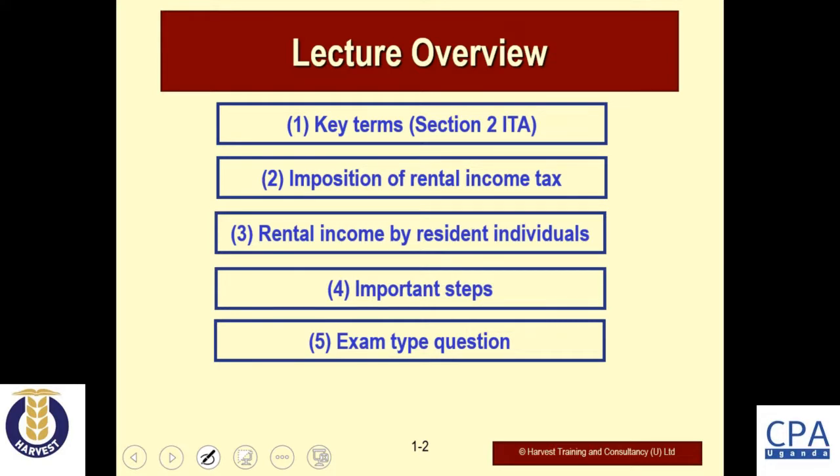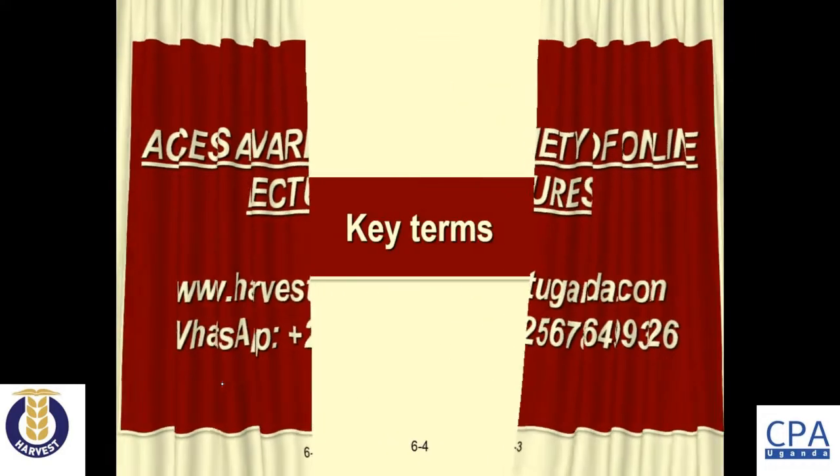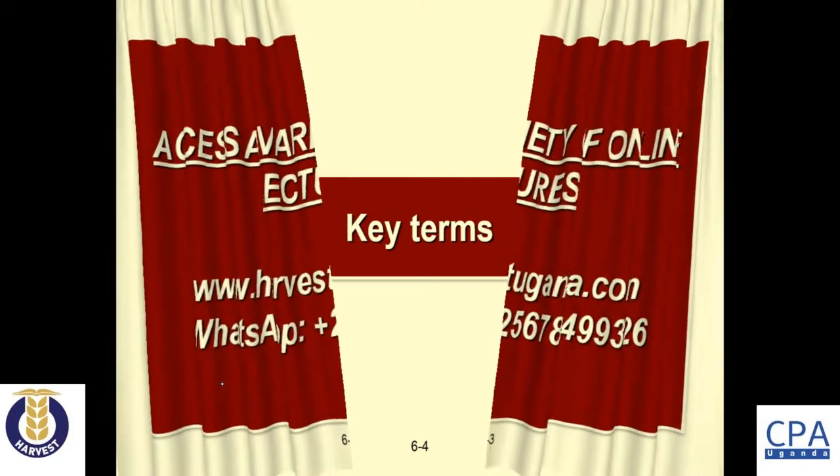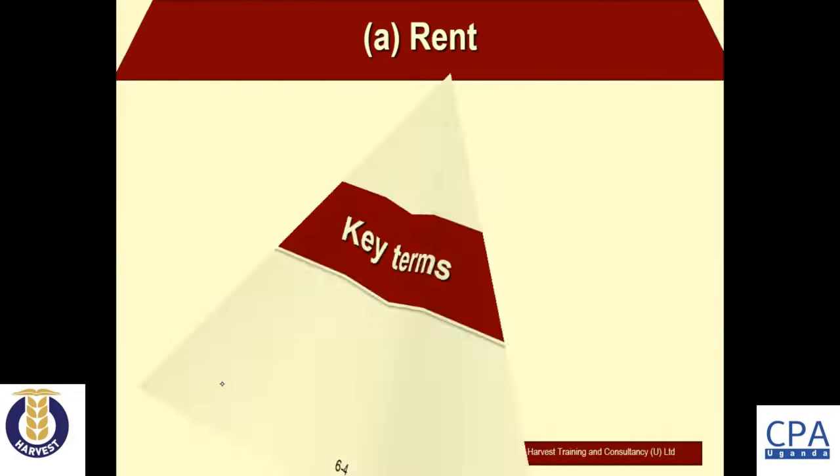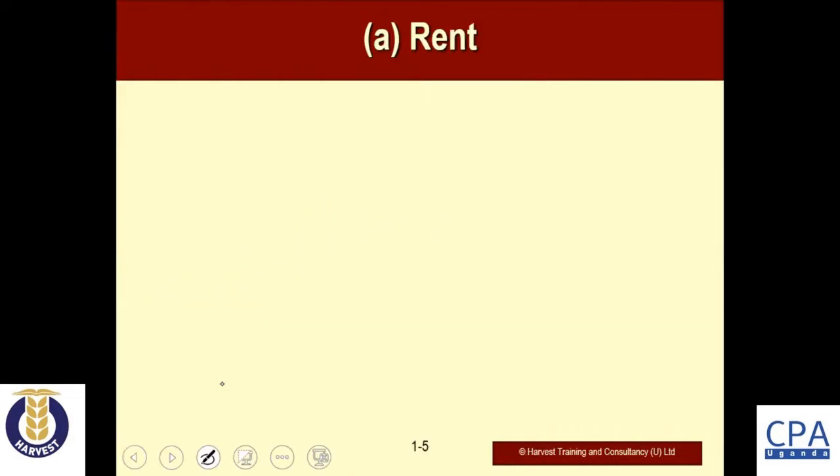So moving straight into our lecture, we want to know what the different key terms given in the Act in regard to rental income are. Some of these terms are examinable. The first one is rent.